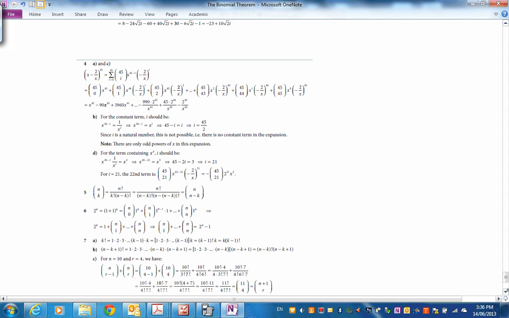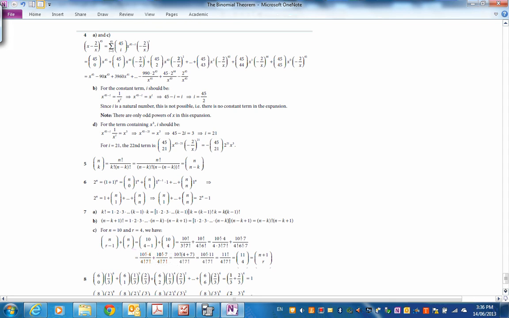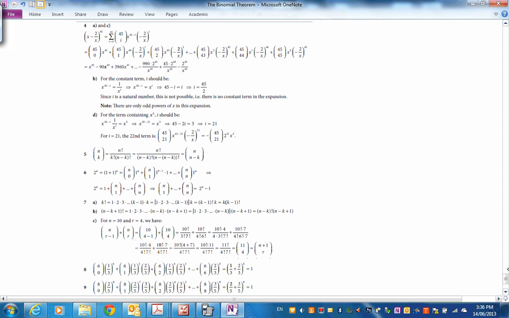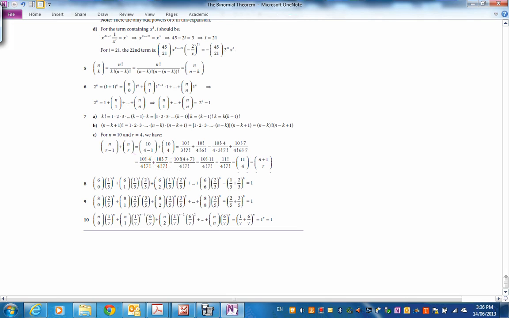Then we've got question 4. 4 through 7 will fit on there. And then 8, 9 and 10. So there they all are. A fair bit of work, some interesting little calculations there. But see what you make of it.